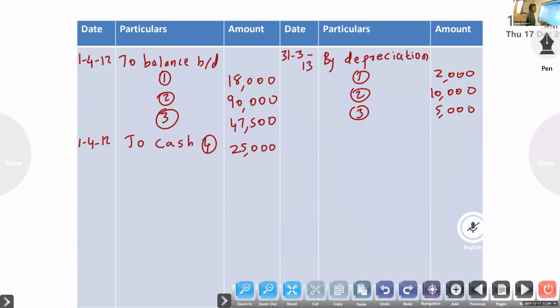Last year we used only half a month, this year full, so on the base of original cost 50,000 at 5%. No need to look at last year. Then 4: it is easy when it is purchased in April, so full month you have to take.